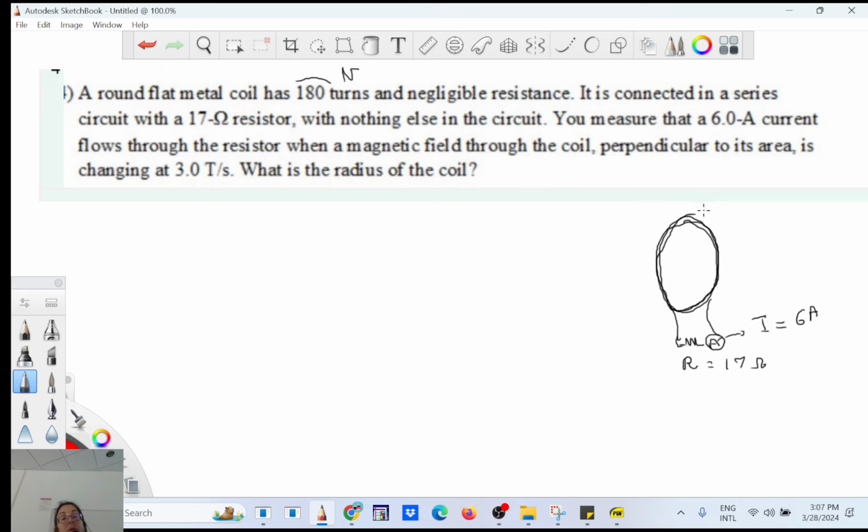So you have current flowing through the resistor, and there's going to be 6 amp. So you're going to induce a current flowing, and that's going to be your area. Do it, don't wait for me, okay?